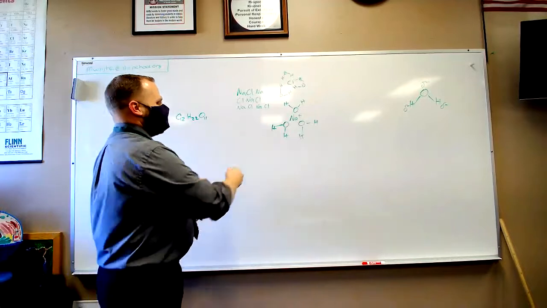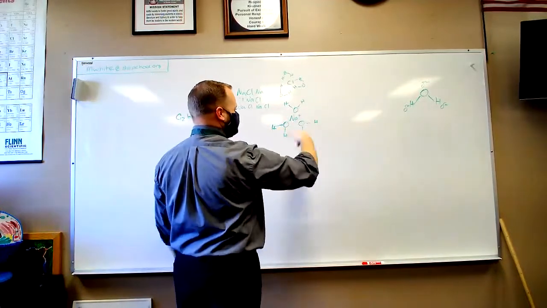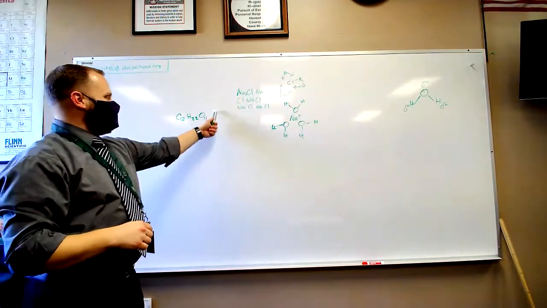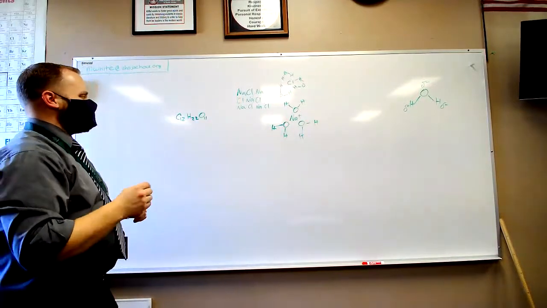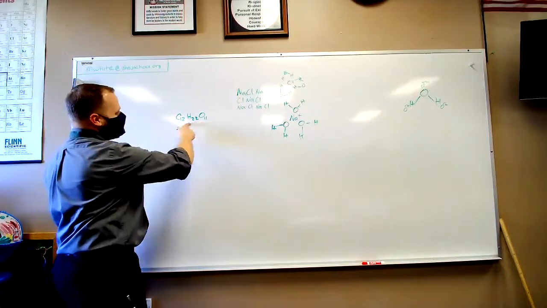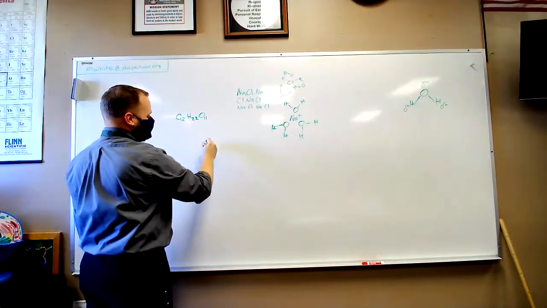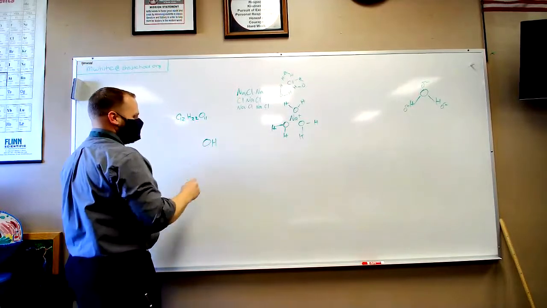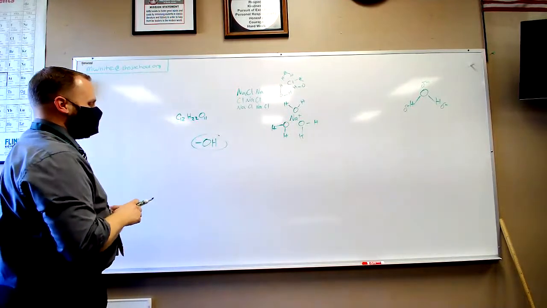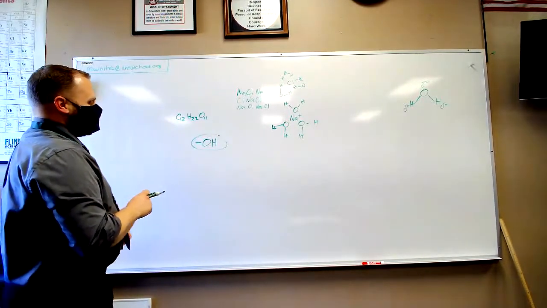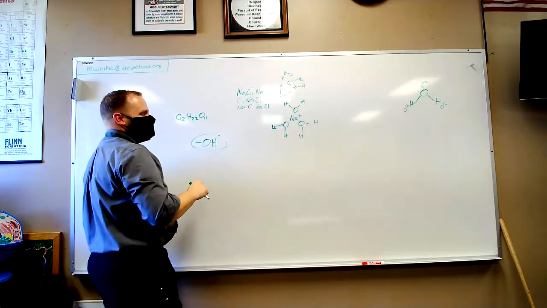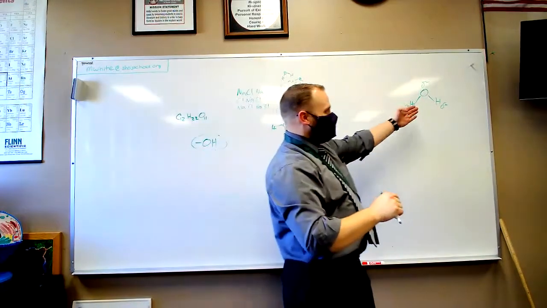The reason why sucrose dissolves in water is because a lot of these are OH groups, hydroxyl groups, that's what we call it. This forms a polar bond, just like we see right here.